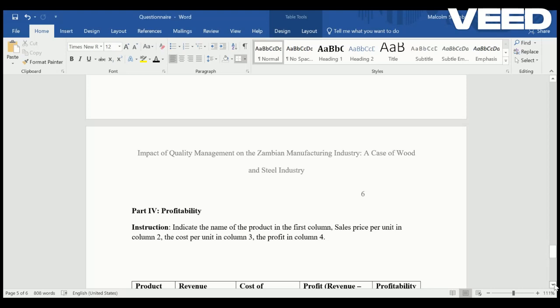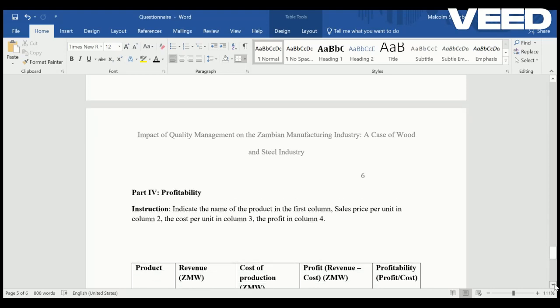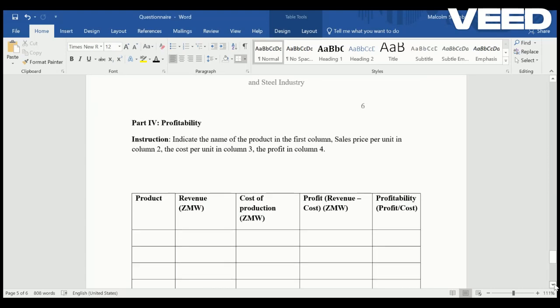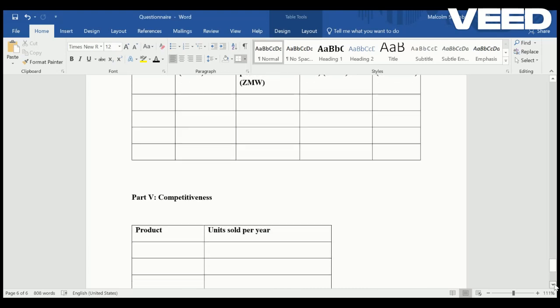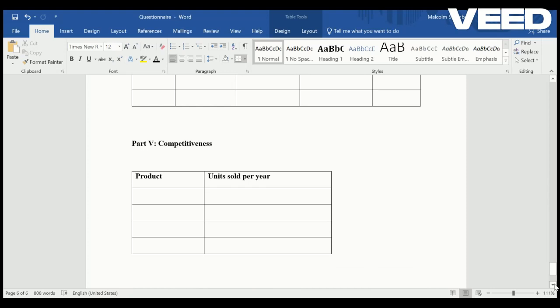Part 4 answers the second question on the dependent variable, which is profitability. The first one is productivity. The second one is profitability. The third one is competitiveness.